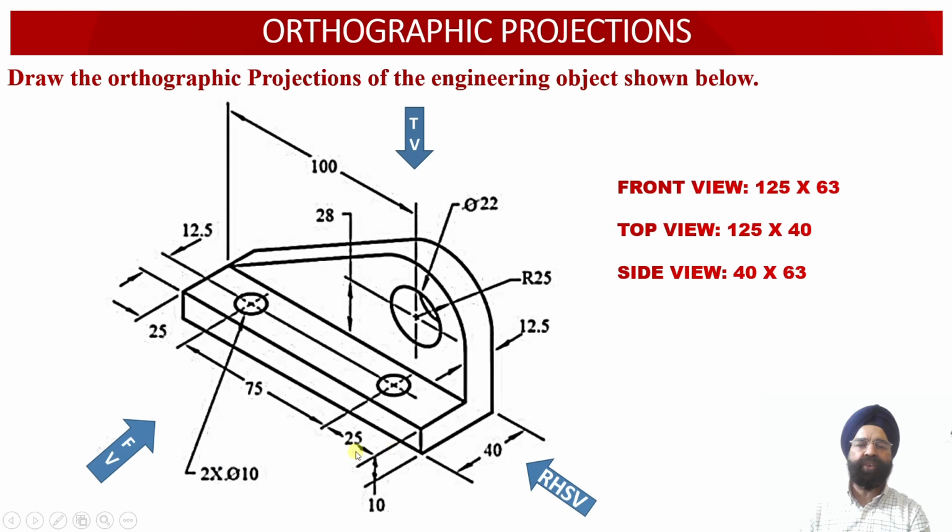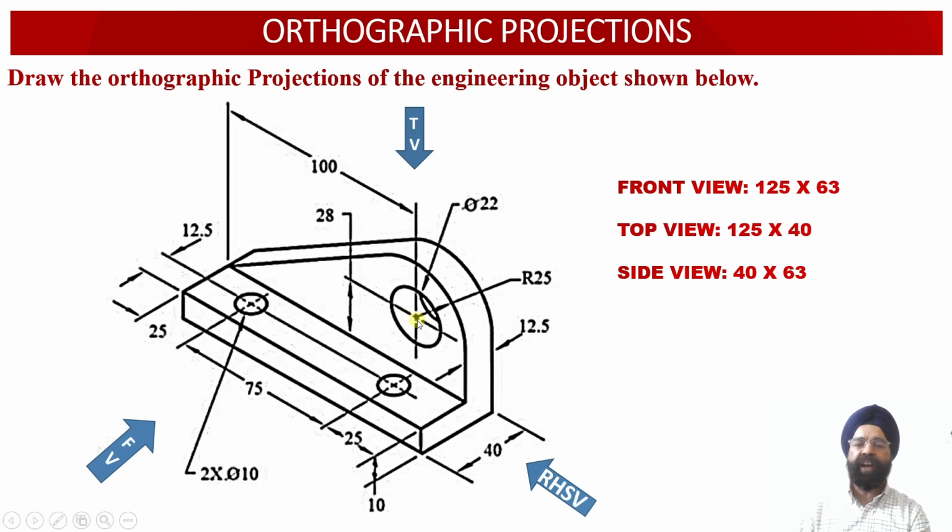Similarly, when we look at the solid from the front view, the height of the solid is not provided to us directly. So now we have to look into different elements of the solid over here. The height of the base horizontal width happens to be 10 millimeter. Now the height of the center of the circular hole from the top surface of this horizontal width happens to be 28 millimeter. So that makes it 38 millimeter from the base of the solid over here.